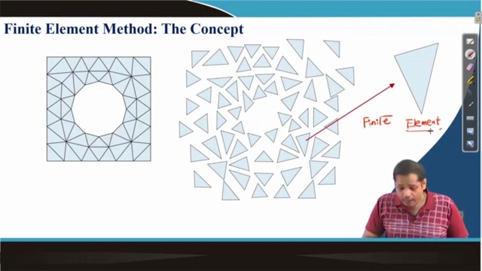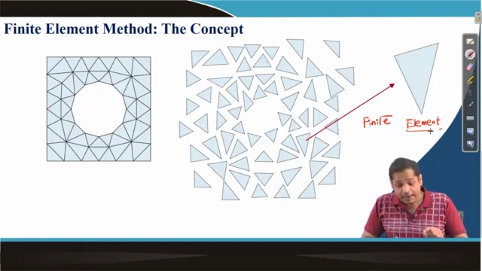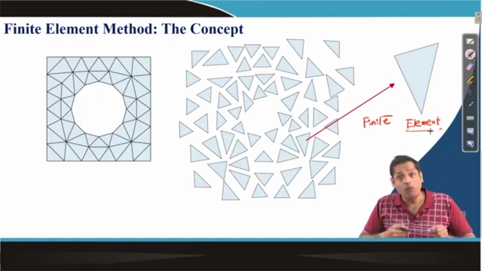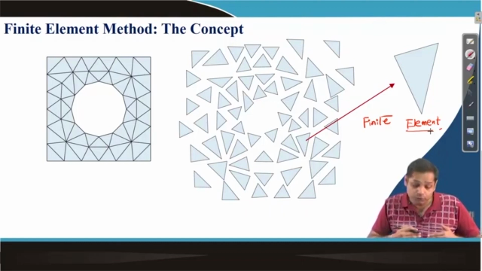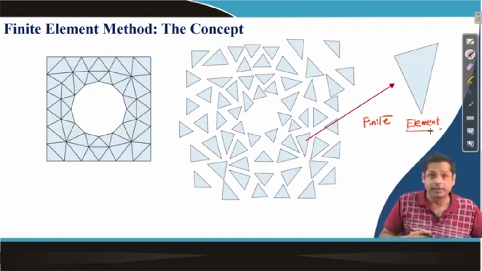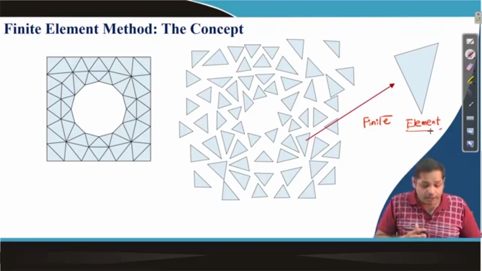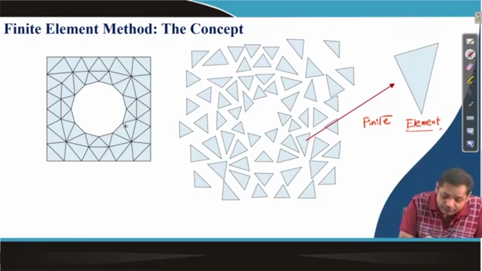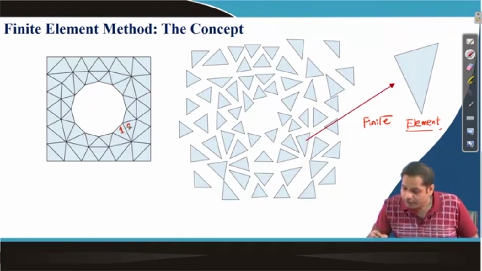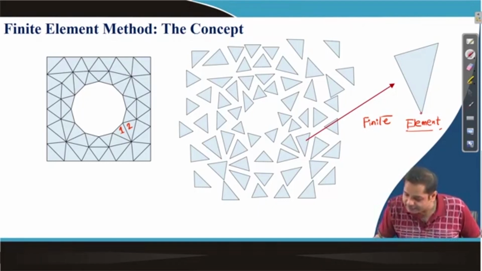Now, once we satisfy the governing equation at every element, then information from one element should pass to other elements. How is it to be done? Consider these two elements. Suppose this is element number 1, this is element number 2. Now this is called an element, and these corner points are called nodes.